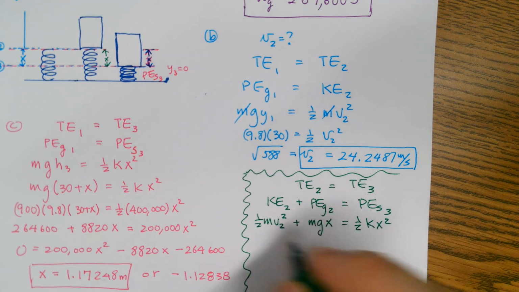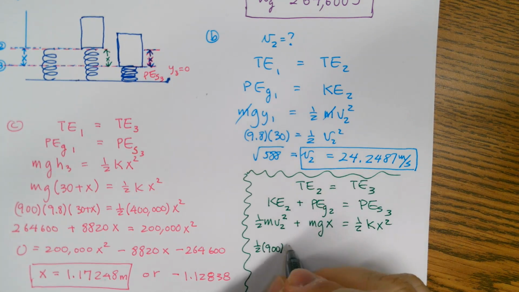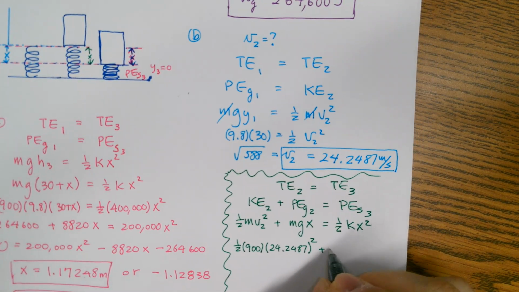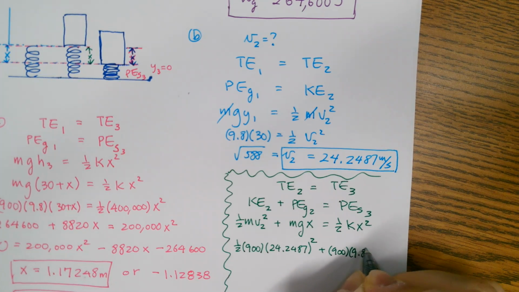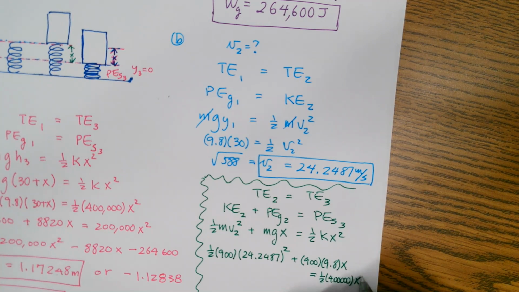So if you plug in the values, you get 1/2 times 900 times 24.2487 squared, plus 900 times 9.8x is equal to 1/2 times 400,000 x squared.